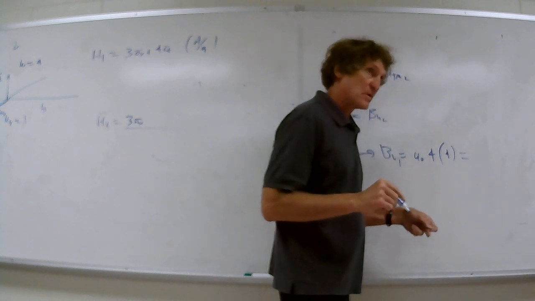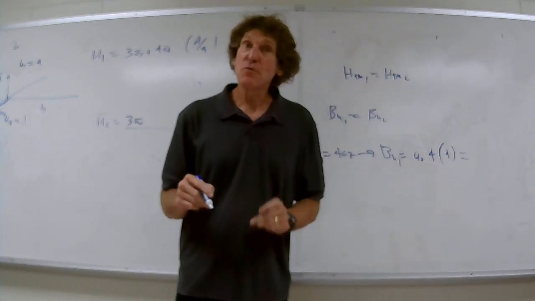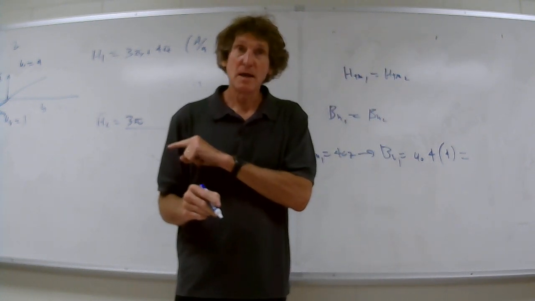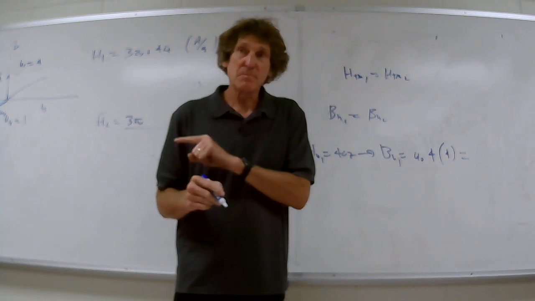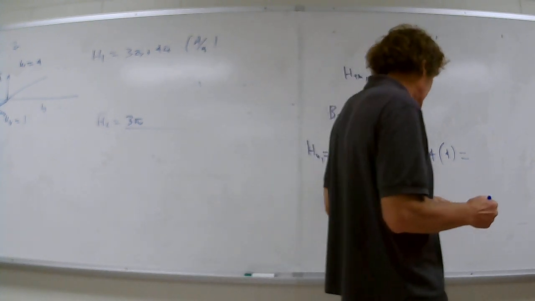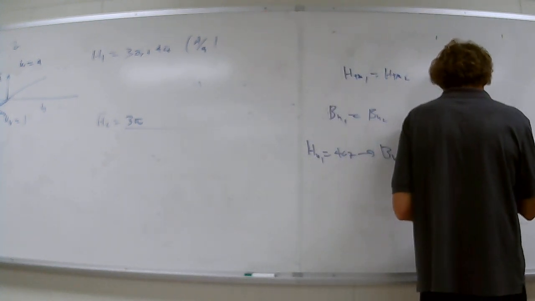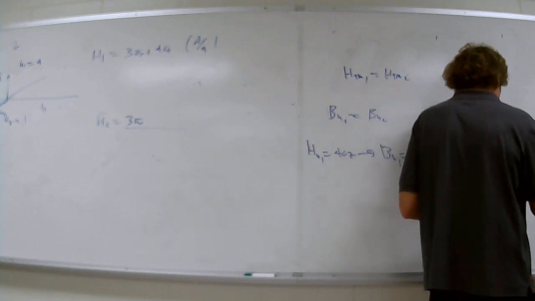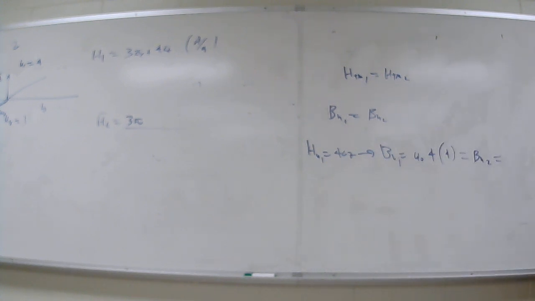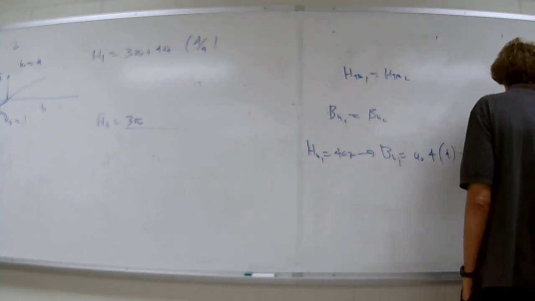Now what does that equal? That equals the B field normal in region 2. Do you all agree with that? Everybody with me on this? What is B normal in region 2?